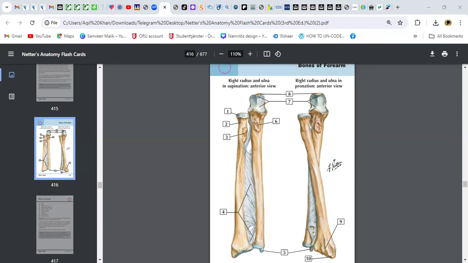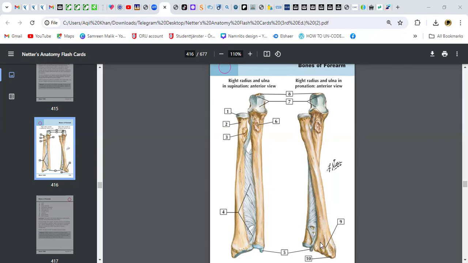You have to know the clinical features of Colles fracture in order to attempt the MCQs which can be asked in MRCS Part A. In this one, the patient falls on an outstretched hand, and it's a fracture of the distal part of the radius. The distal fragment of the radius is forced proximally and dorsally, resulting in a dinner-fork type of deformity. So dorsally and proximally, dinner-fork type of deformity, that is the Colles fracture. This is something very important you have to know.